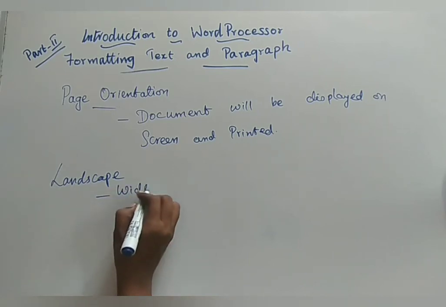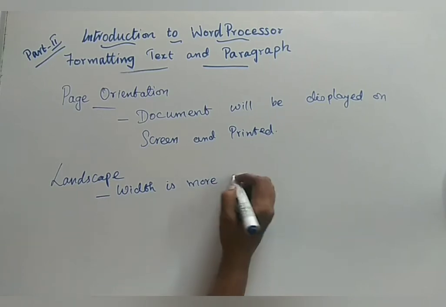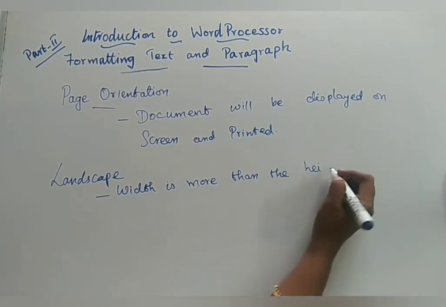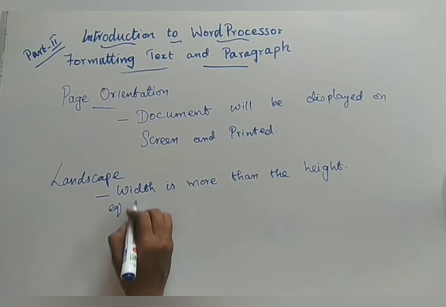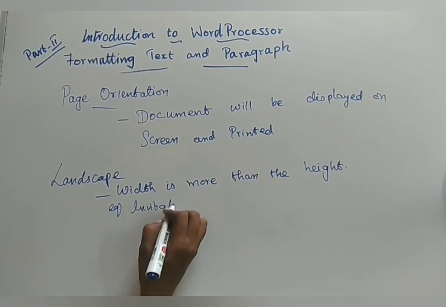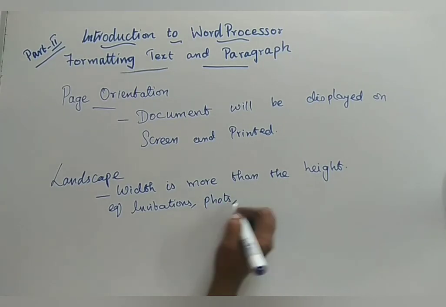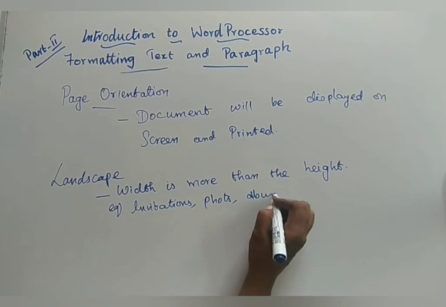The width of the document is more than the height. So that is called your landscape. Landscape is where the width will be more than the height. For example, you will have seen invitations, photos, and albums.